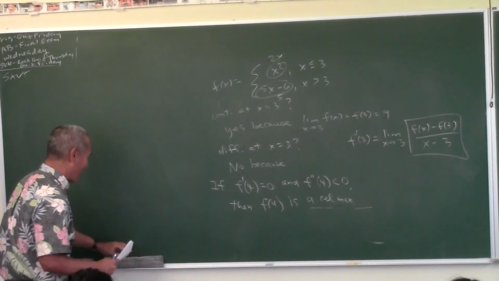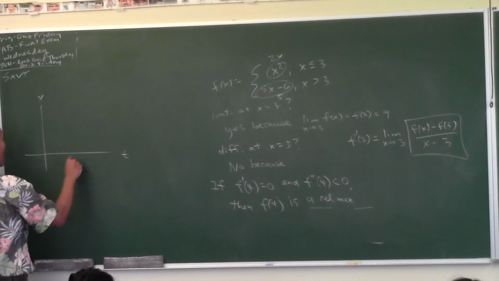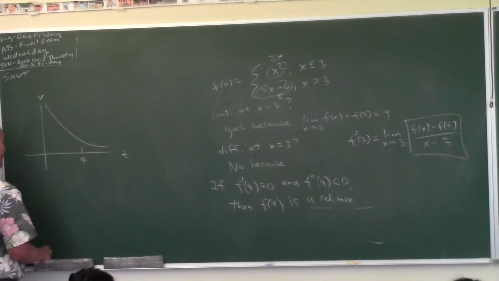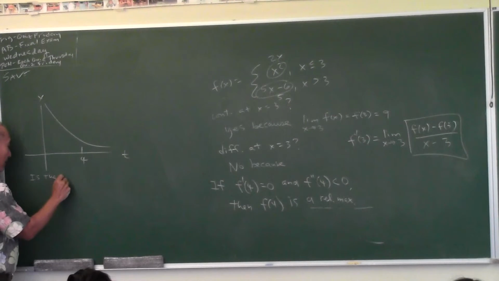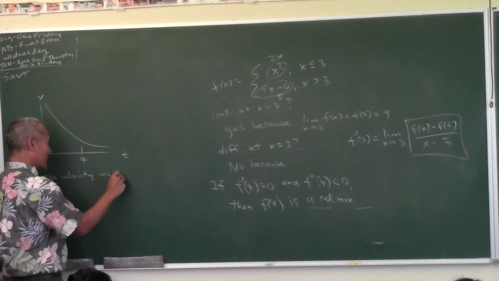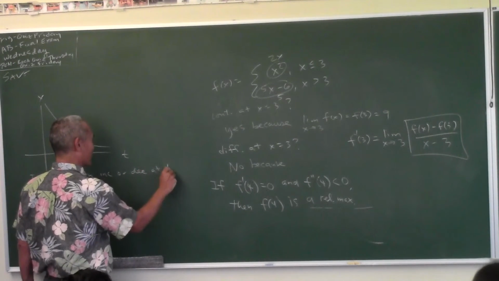Okay, here is the graph of position. Here's t equals 4. Is the velocity increasing or decreasing at t equals 4?